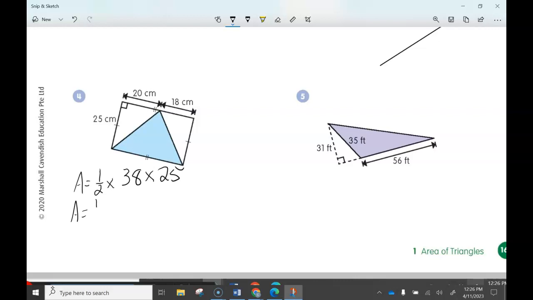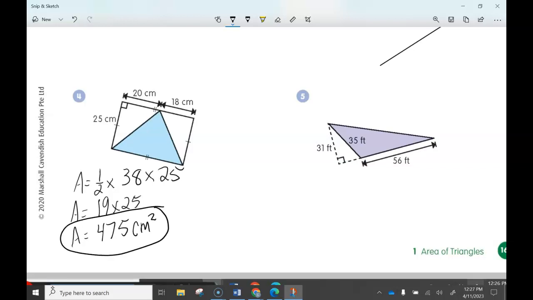Now we have area equals 1/2 times 38. Whoops. It's going to give us 19 times 25. We can see the area, 19 times 25, is going to give us 475 centimeters squared. Just remember, whenever we're dealing with area, it's in square units.